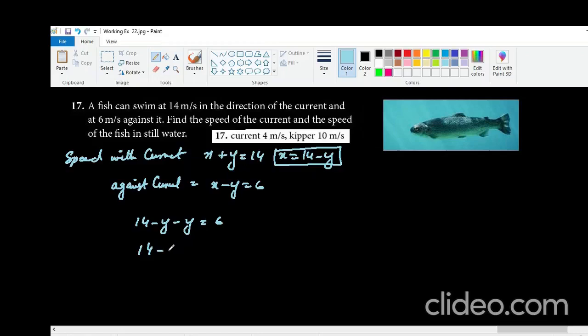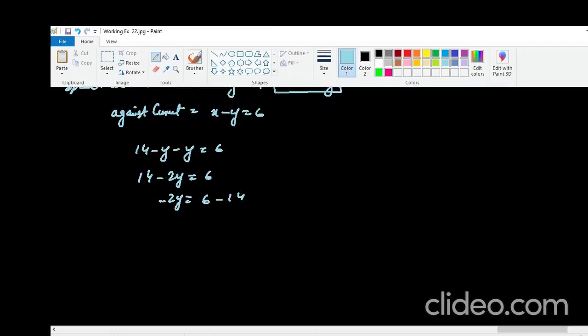Minus 2y equals 6 minus 14. So this is going to give us minus 8. Minus 2y equals minus 8. That means minus signs are going to be ignored. 2y equals 8, y equals 8 over 2. So y is equal to 4 meters per second.